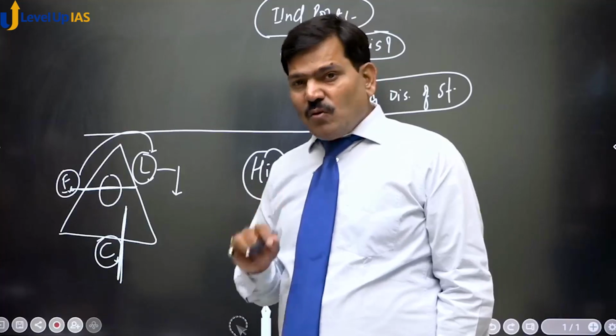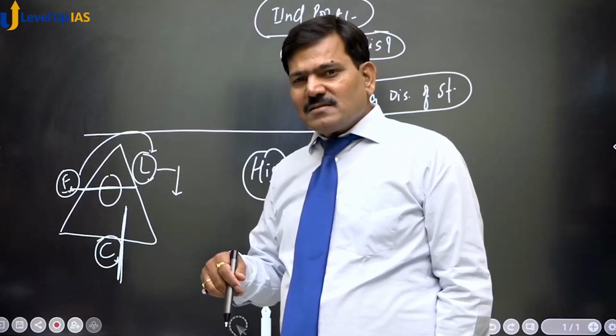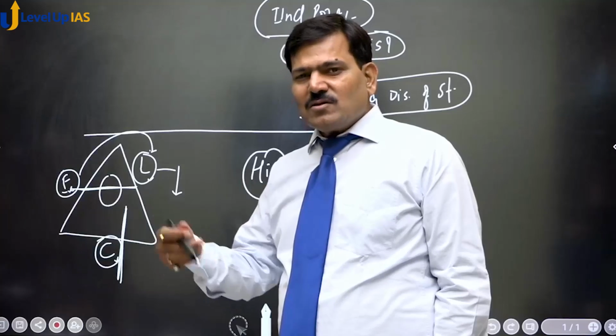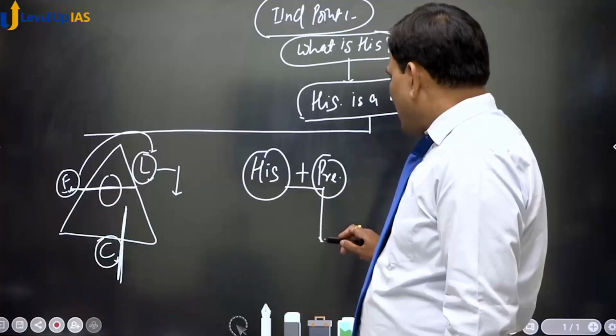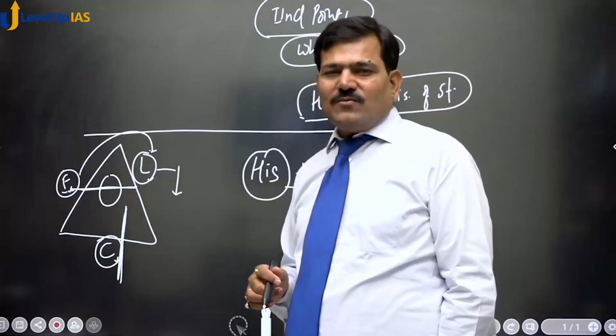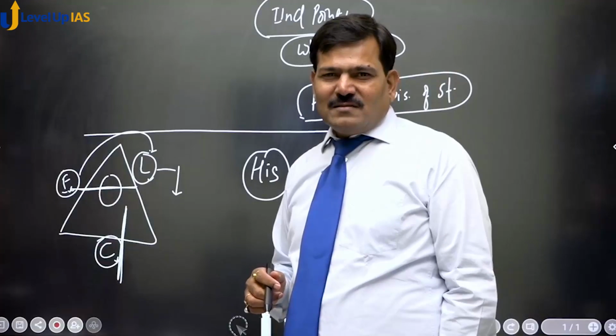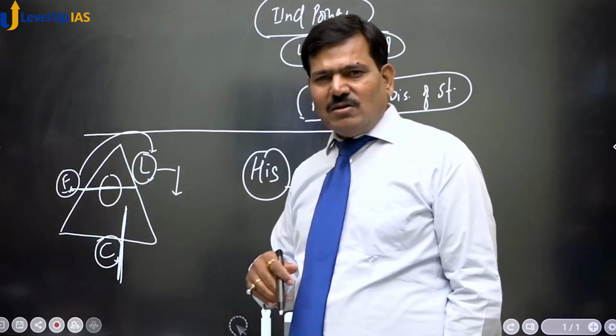And if you want to comment against a sentence given in your question paper, you have to understand the ideology on account of which the prejudice has developed. Here I am not discussing the prejudice and the ideology.